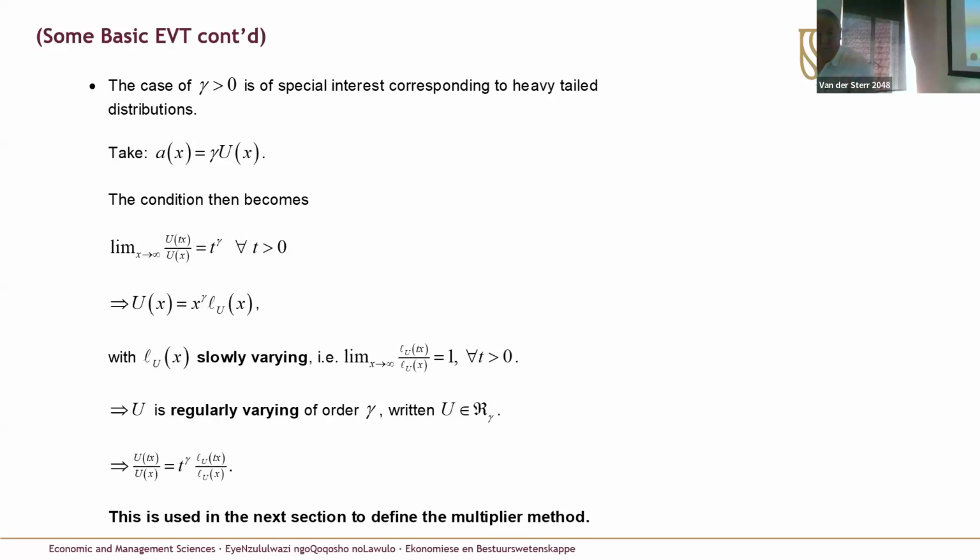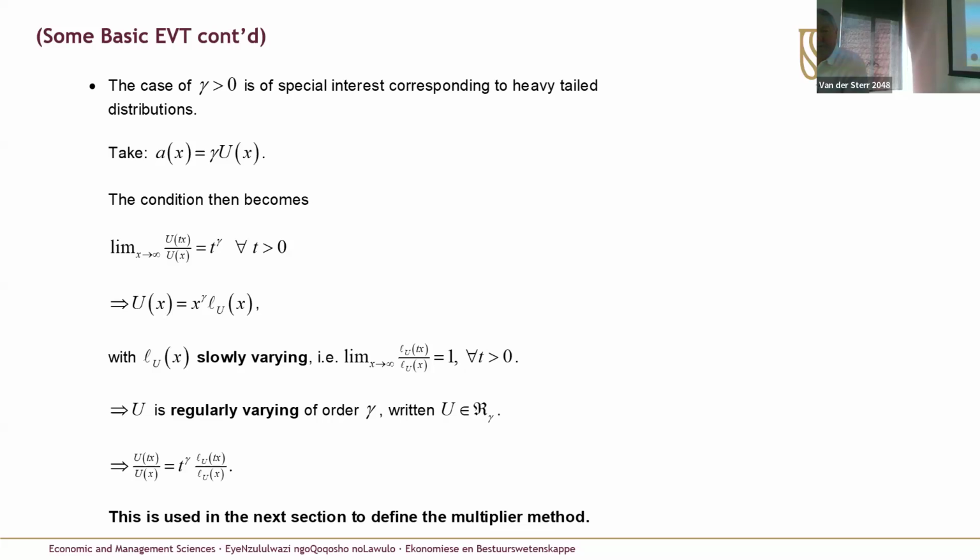Now, all of this says if I take U(tx) over U(x) and I use this fact over there, then it simply says it's equal to t to the gamma, because the x's cancel, times the ratio of those slowly varying functions. And what we're going to do in our applications will be to do one of two things. First of all, for a first order, because this ratio goes to 1, one can approximate it by 1 and say this is approximately t to the gamma.